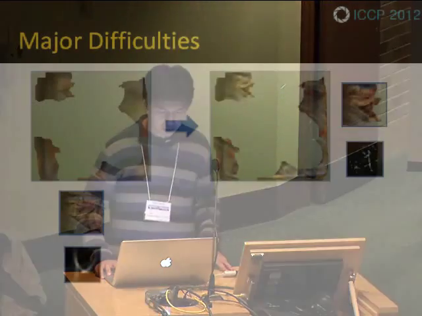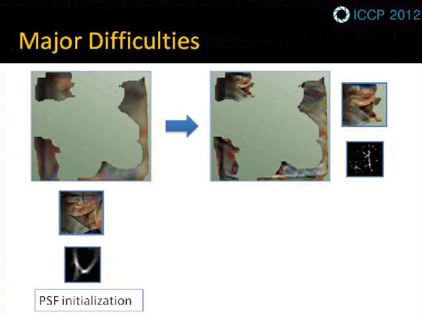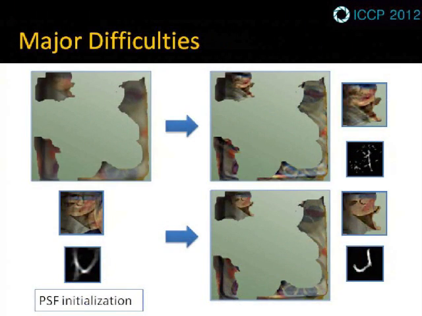So how can we obtain accurate PSFs for small-sized depth regions? That's our question. Interestingly, we find that if we use the inaccurate PSF estimation as initialization, using similar algorithms, we obtain a result like this. The kernel has been largely improved over the initialization, and the restored image is artifact-free.